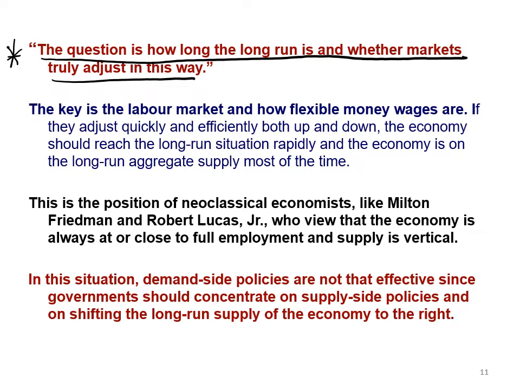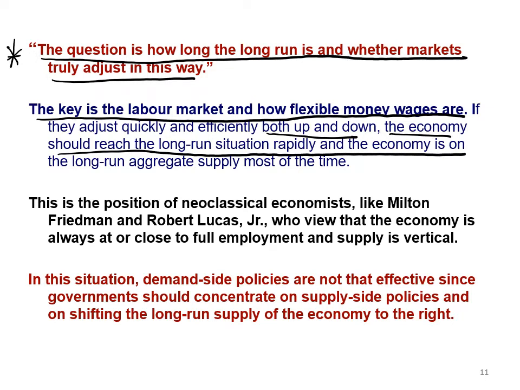Now think about it. We're saying in the long run, prices will change, but output will remain the same. The key is the labor market and how flexible money wages are. If these adjustments are quick and efficient, both up and down, the economy should reach this long run situation rapidly, and the economy is on the long run aggregate supply curve most of the time.